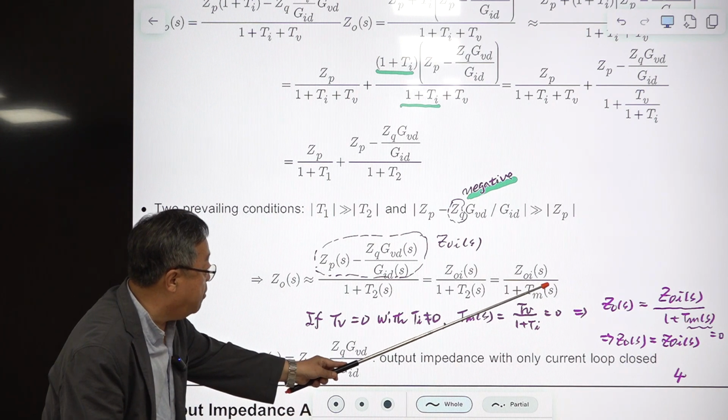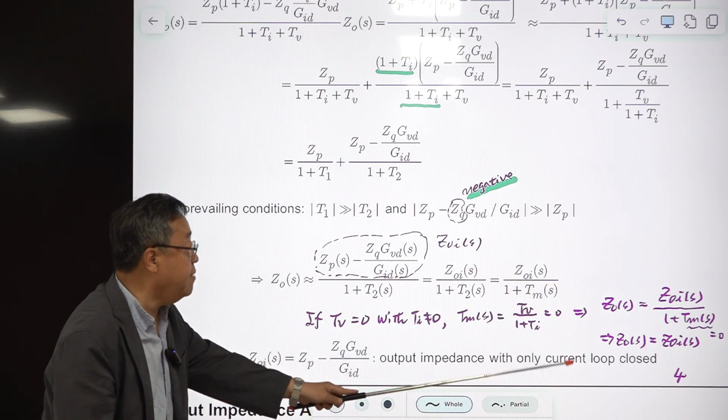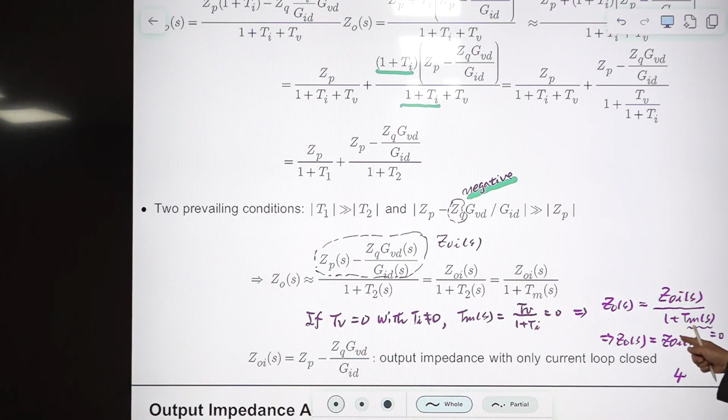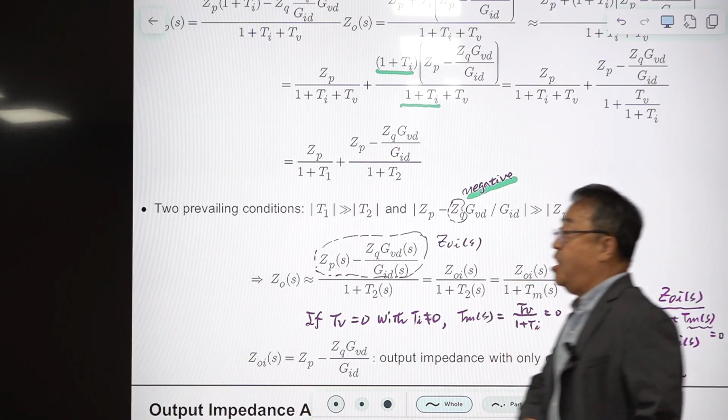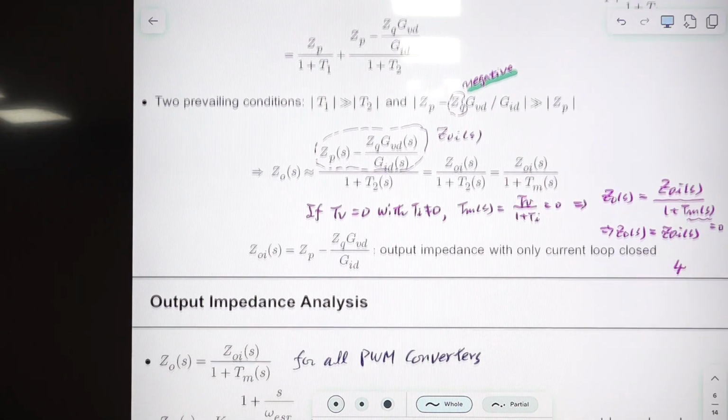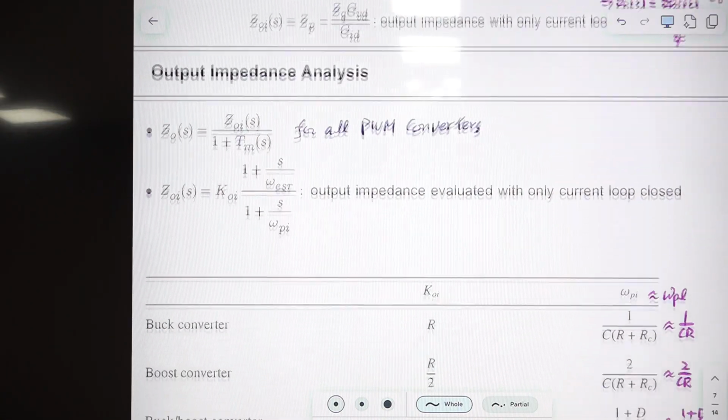With 0 TMS, these are the same, meaning GOS becomes the same as GOI, the output impedance of the converter with only the current loop closed and the voltage loop broken. This can be easily calculated. So the final expression of output impedance is this one.